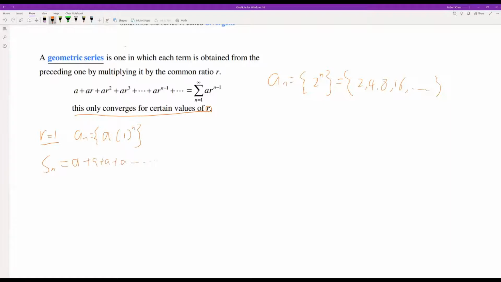So it's actually going to be n times a, because you're adding up n of them. Now, as n approaches infinity, this is going to go to infinity. Therefore, we can say that it diverges when r is 1.